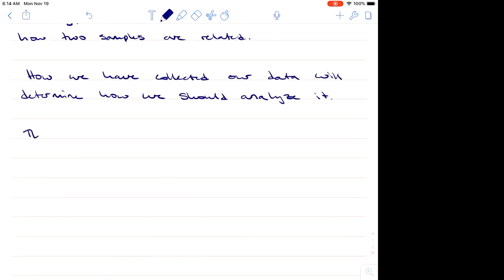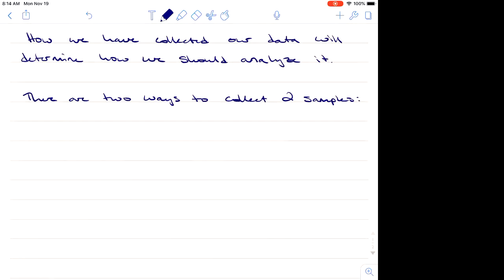So there are two ways to collect two samples. The first one is what we call matched pairs, or paired data, if you prefer.